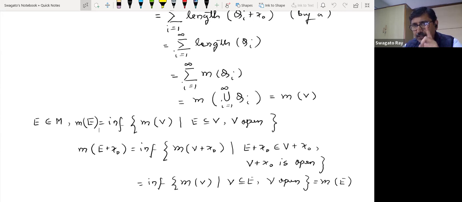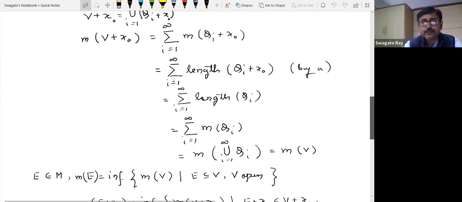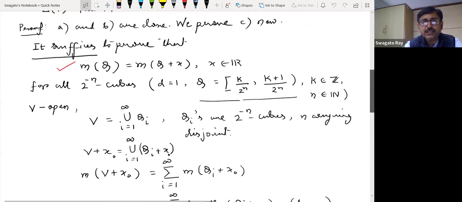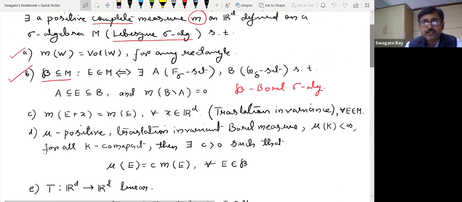If it happens for cubes, then it has to happen for open sets because they are disjoint unions of cubes. And if it happens for open sets, it will happen for all sets by outer regularity. That is the principle. And that's why I said it is important to notice that this translation invariance property is actually true for these guys.